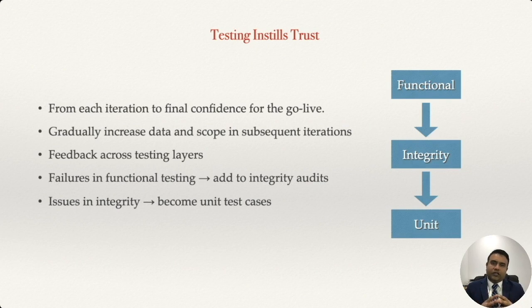When you go through multiple iterations, you should eventually build trust in your data migration process. And these 3 layers of testing are your feedback loop to reject as much invalid data as possible at the early stage. What I mean by this: after your first or second iteration, you find certain functional issues, you should improve your audits for the integrity testing so that data is rejected at that layer.